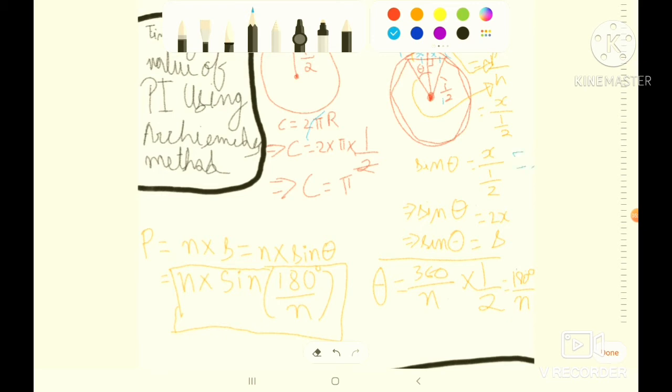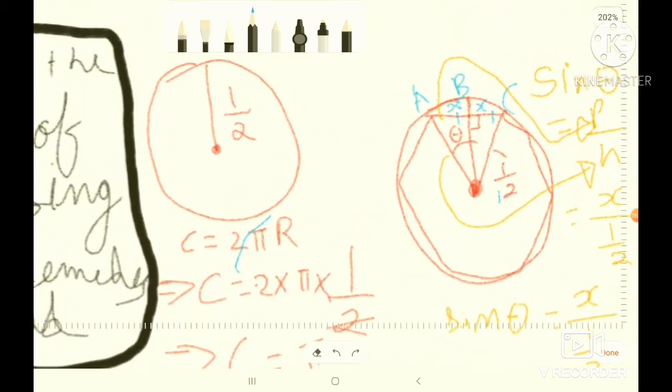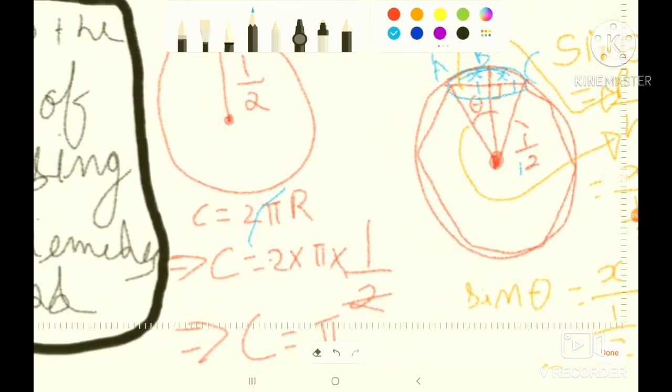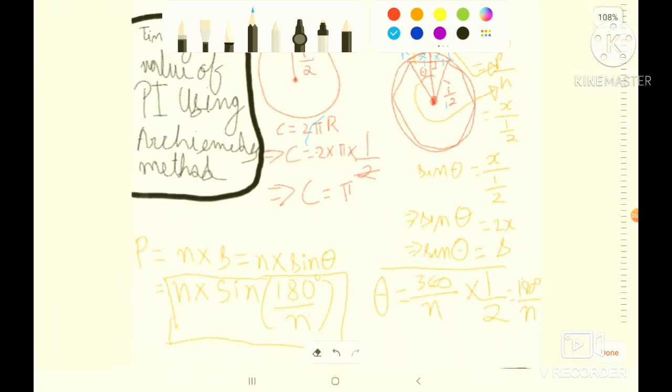So in this way we got 2x. Sine of theta is equal to 2x. As we know, 2 times x is equal to this side, so that is one side. So we got sine of theta is equal to s, which is the side.